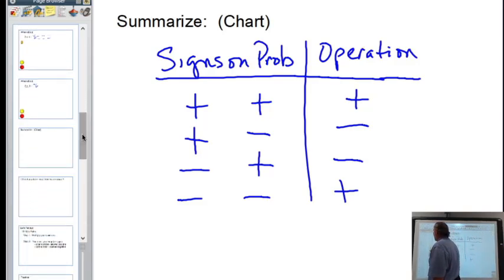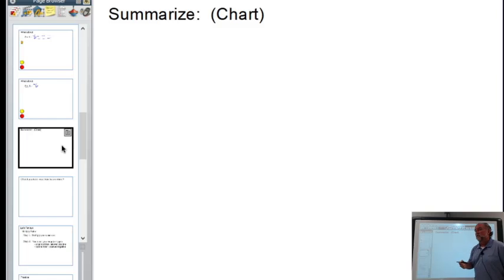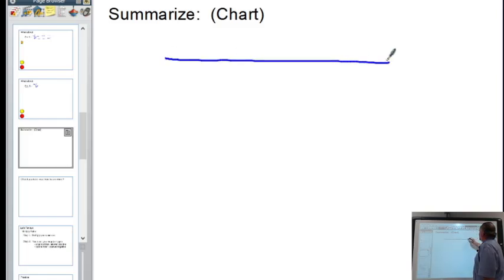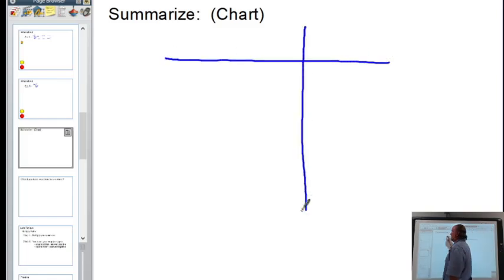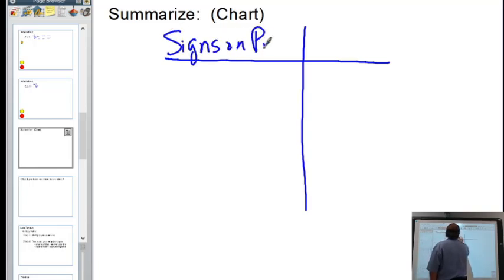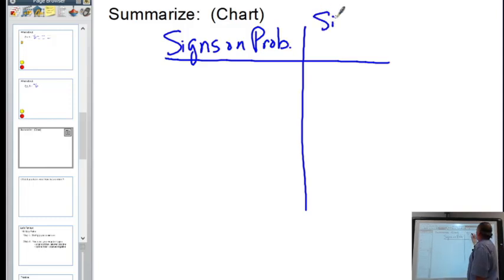That's what we need to remember. So let's see if we can summarize this with the chart one more time. If I were to draw this chart, this part's still going to say signs on problem, but this time it really will say the sign on answer, which is what I wanted to put the first time we drew the chart.